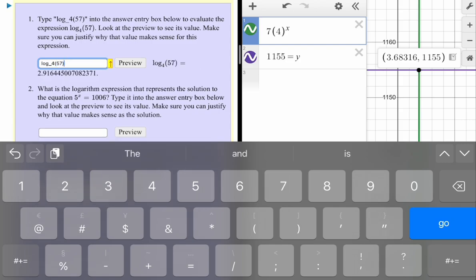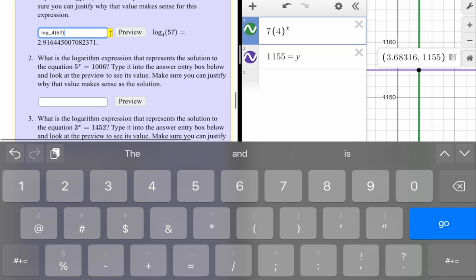And it says, look at the preview to see its value, 2.9167. Make sure you can justify why the value makes sense for this expression. One thing you can think about is that 4 to the third power is 64. So if I'm trying to look for 57, it should be a number close to 3, but under, which it is.